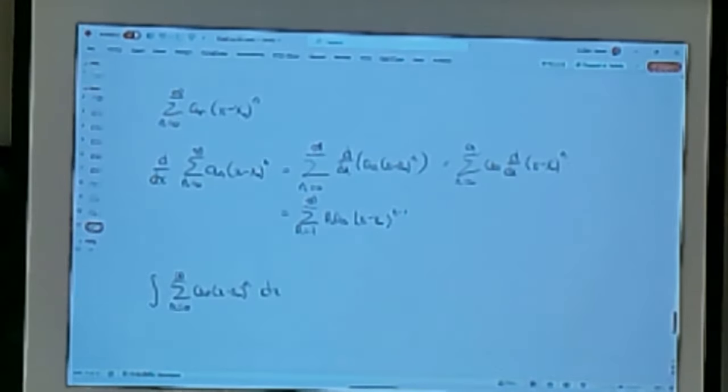You can do it, but we're not worried about it in this course. Integrals are also linear. That a sub n is again constant.